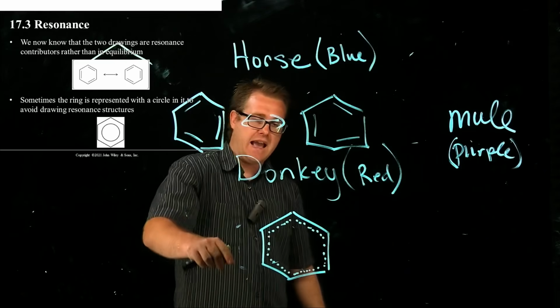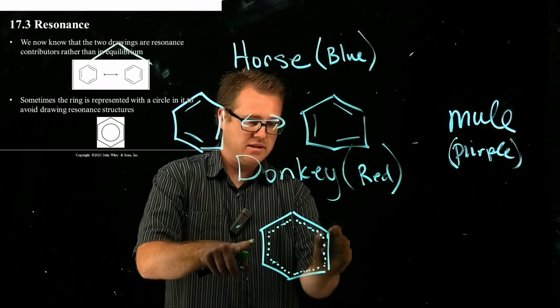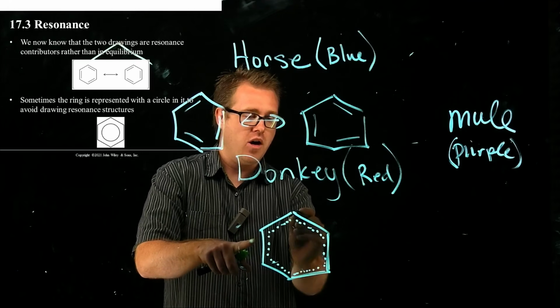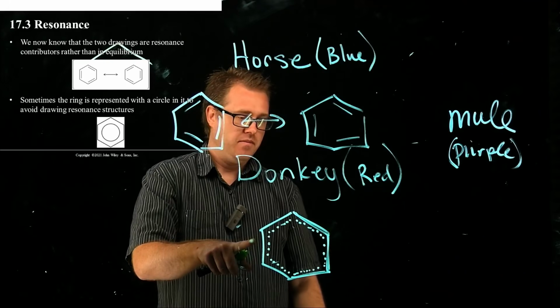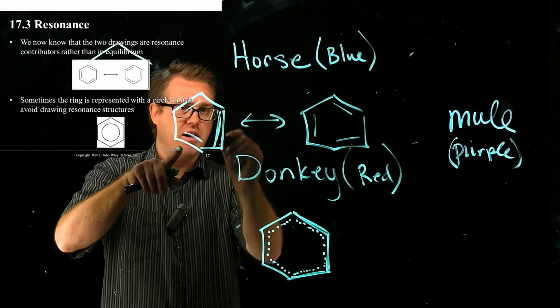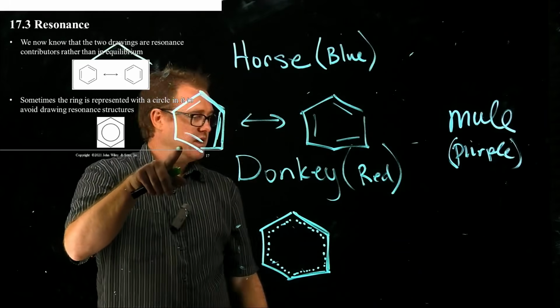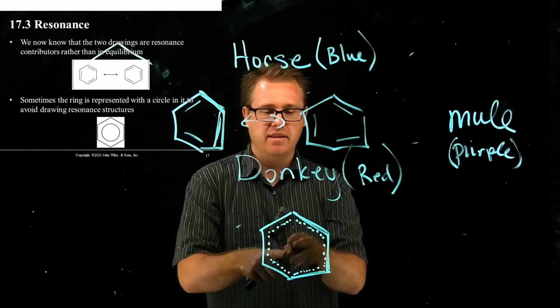And now when you look at it that way, you can see that the bond lengths are going to be all the same. Whereas here you might fall in the trap like, ooh, double bond character is going to be shorter than a single bond. That's not what's going on. It looks like this.